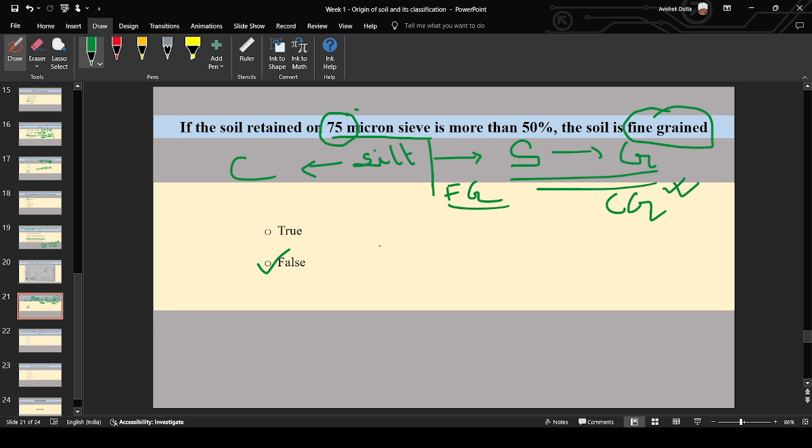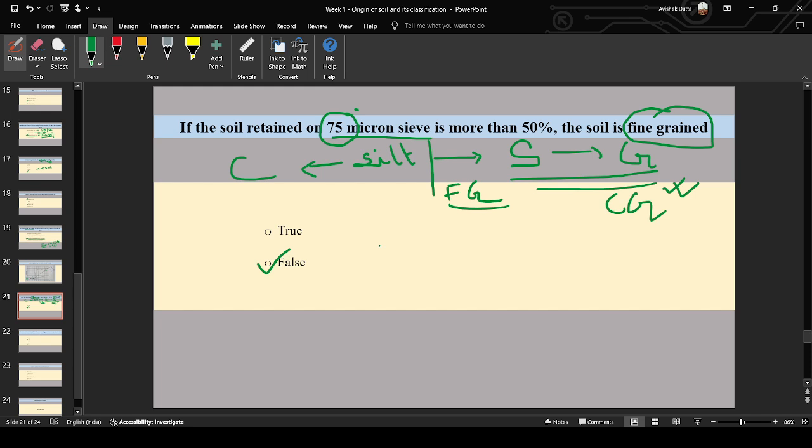If the question was like this, the soil passing through 75 micron sieve is more than 50%, that means more than half of the soil is passing through this sieve. That means more than half of the soil is having a particle size which is falling within the range of fine grained soil, which is less than the maximum size of silt.